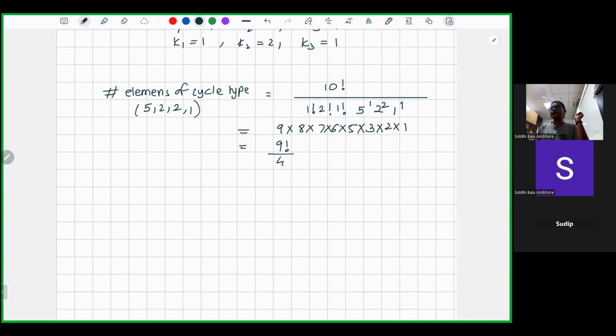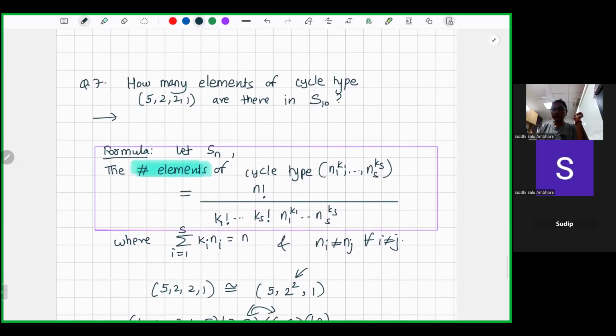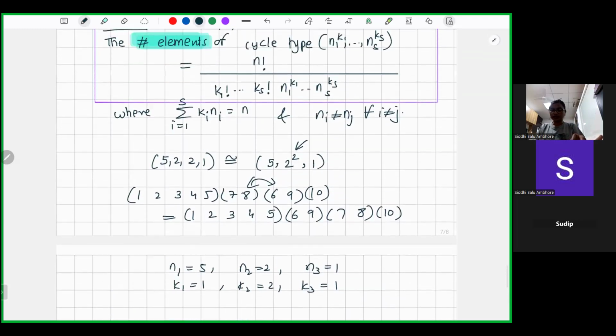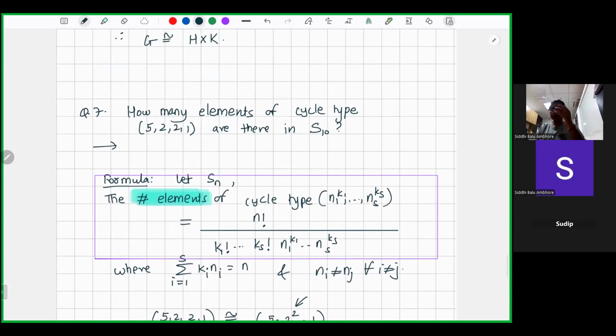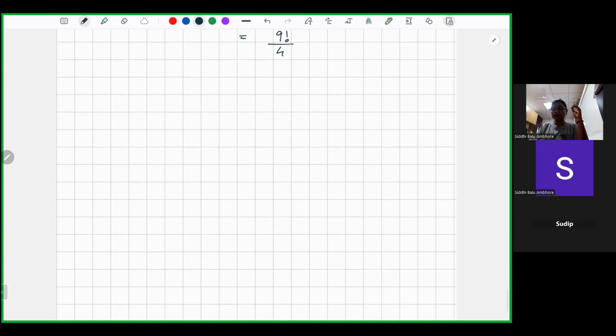Okay, this is the number, and you can calculate it if you want. I think in the exam there will be a virtual calculator. It depends on the type of exam which we are giving. If there is a virtual calculator, you can calculate it, or otherwise the numbers won't be this huge. I hope you got the idea how to calculate this. I took this S10 because I wanted to repeat these things.